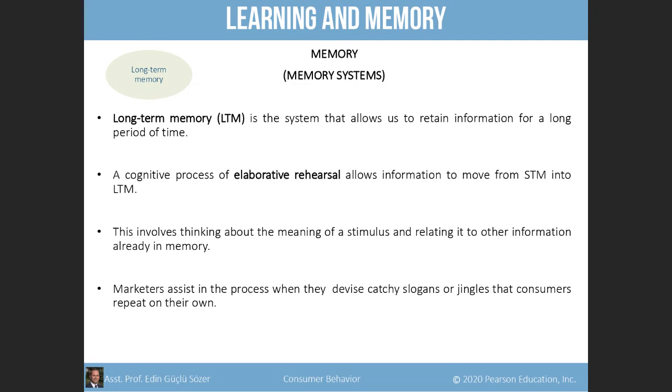We need to deal with it. We will pay attention, and we will focus and consume some mental effort to think about this stimulus. This is how the long-term memory is formed, and the stimulus is transferred from short-term memory to the long-term memory.